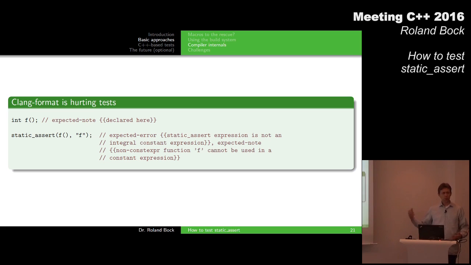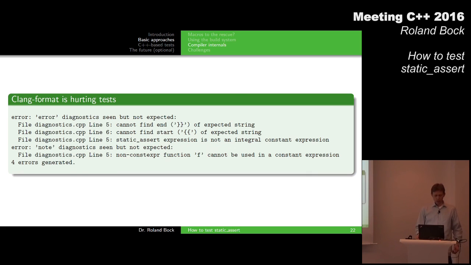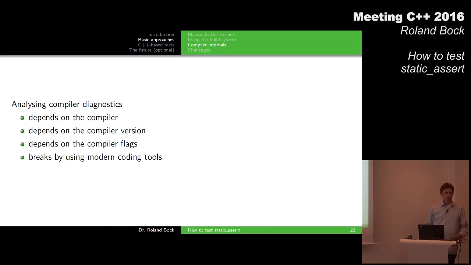But if you, for instance, use Clang format because this expected comment is just way too long, then it looks like this, and it doesn't compile anymore, because the compiler has to have all the complete diagnostic messages in one line. So you cannot use Clang format, so that's ugly. And of course, it depends on the compiler. You cannot use the same test with GCC because they have different tools. You cannot use it with MSVC because they have different tools.